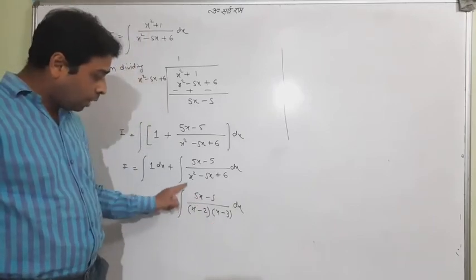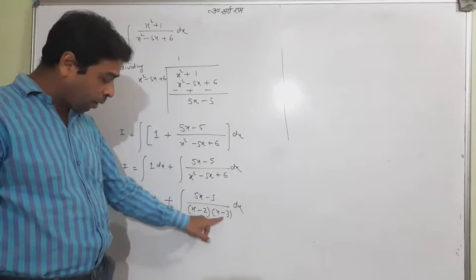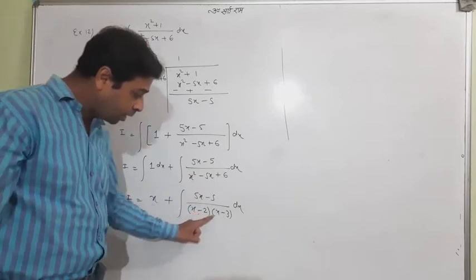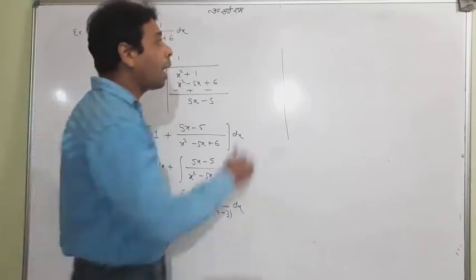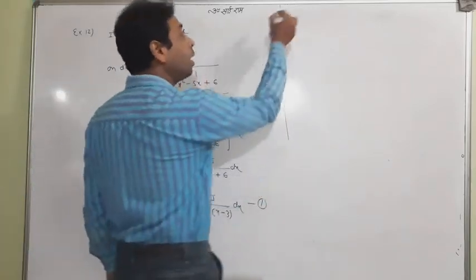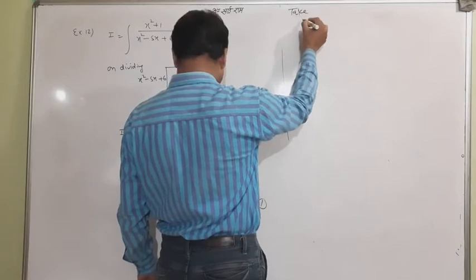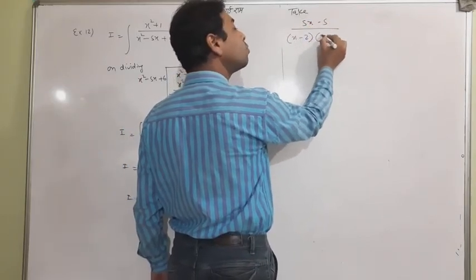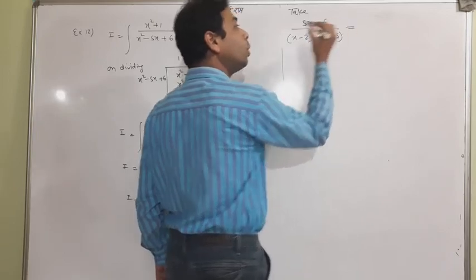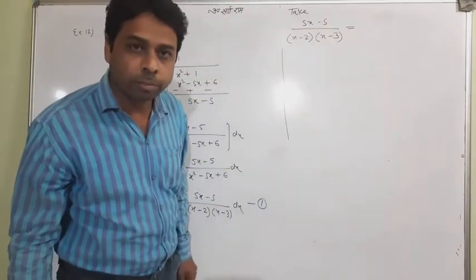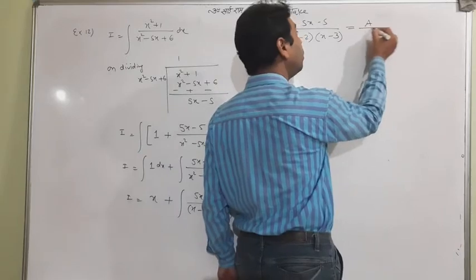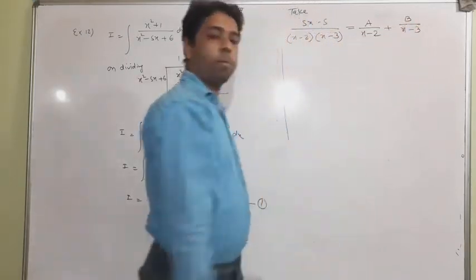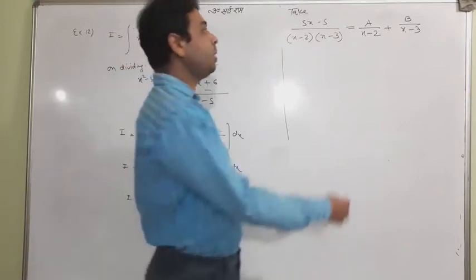Okay. So now after breaking into factors, I got a situation that the denominator has factors without repeating. So I'll go with equation 1. I'll take (5x minus 5) upon (x minus 2)(x minus 3) equal to, and use the partial fraction method, which is A upon and B upon, and then use the same method.